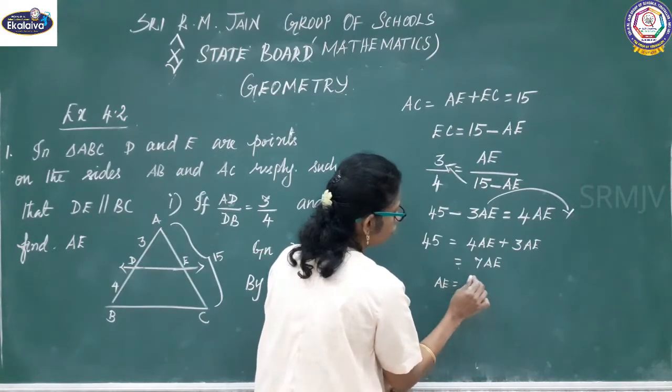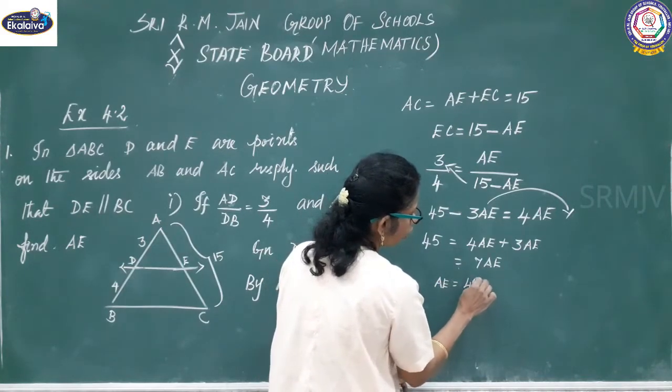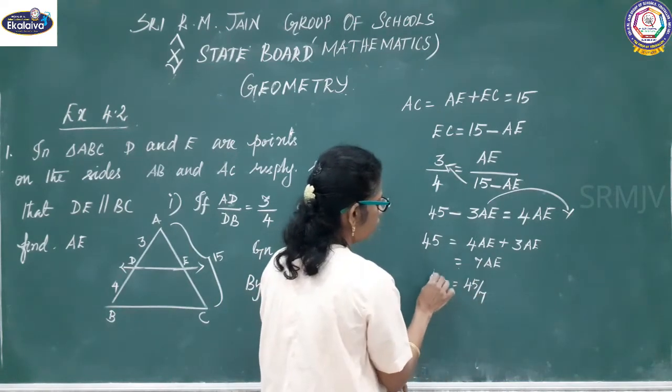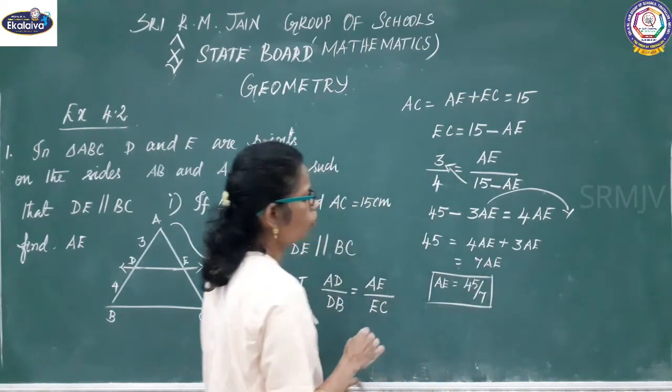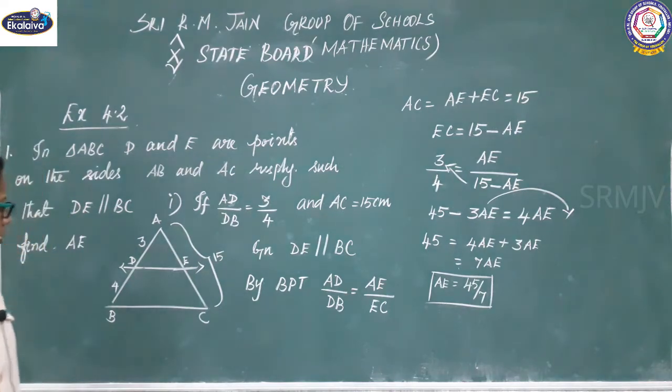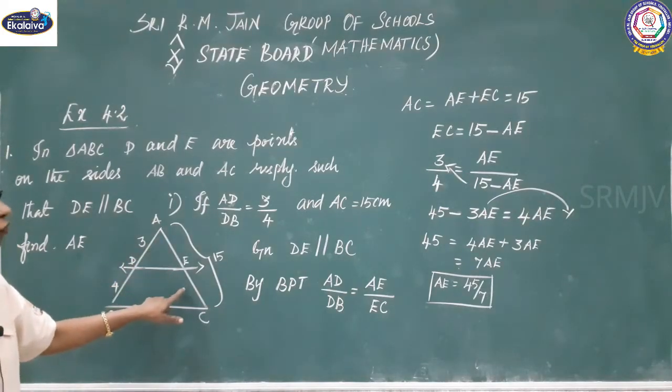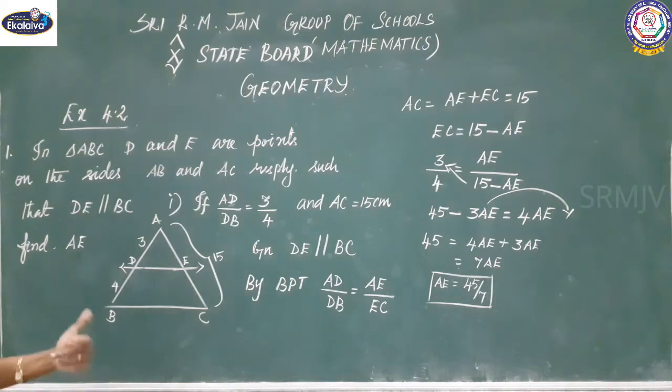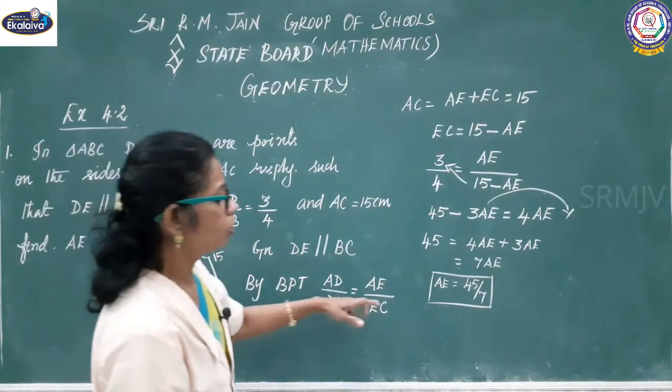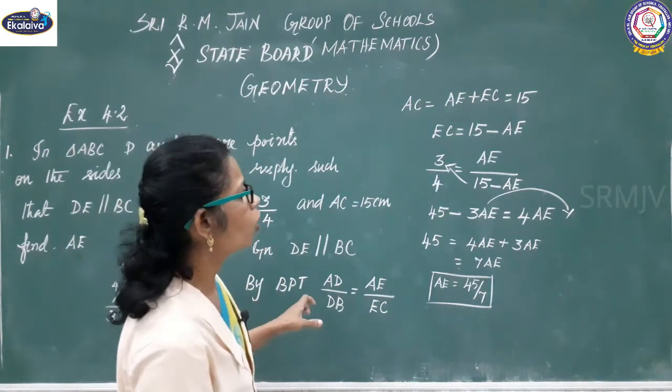AE equal to 45 by 7. What they are expecting to find? AE, right? AE equal to 45 by 7. That means what is your EC? You have to check whether 15 is coming or not.